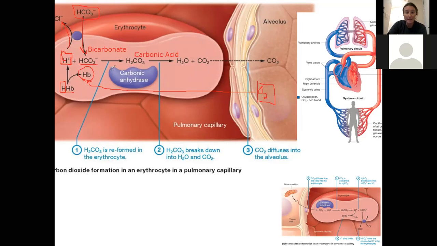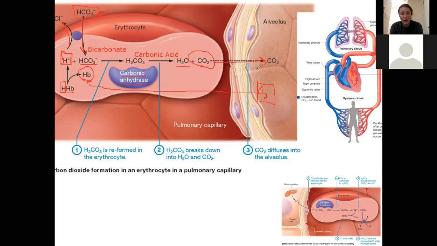Carbonic acid is then broken down by the same enzyme that made it in the first place, carbonic anhydrase, into water and carbon dioxide. And so now carbon dioxide has been liberated from its transport molecule, the bicarbonate, and now it can be exhaled from the lungs.